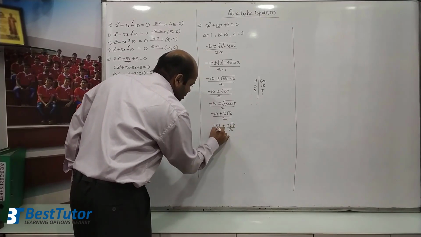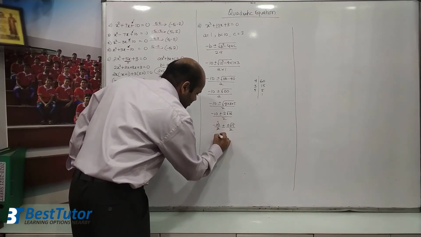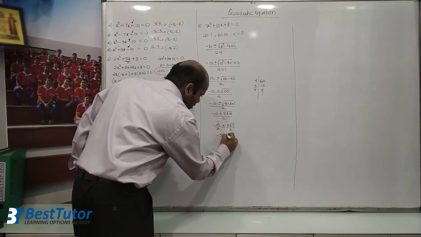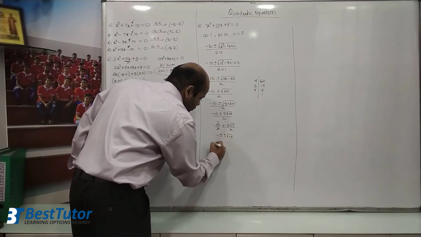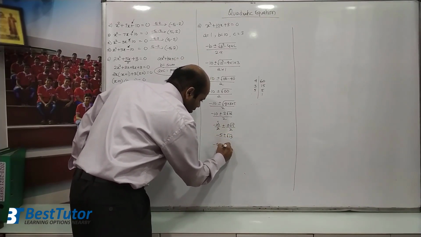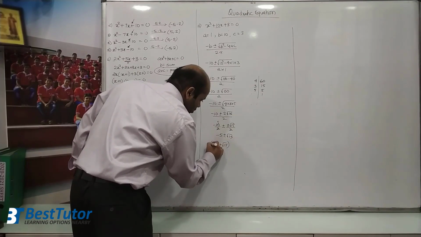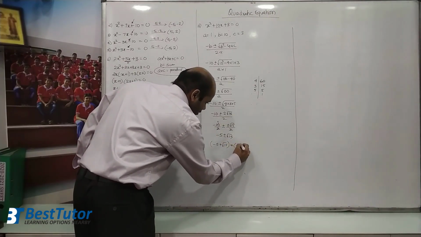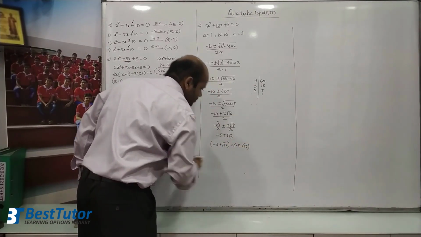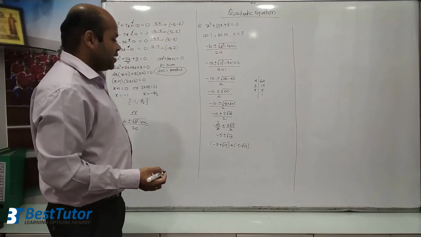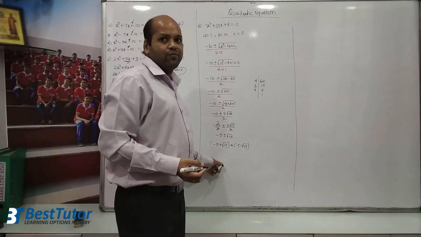The 2 gets cancelled here. I get minus 5 plus minus the root. So what are the roots? Minus 5 plus the root or minus 5 minus the root. It is an irrational number.